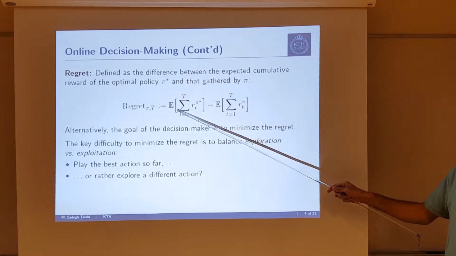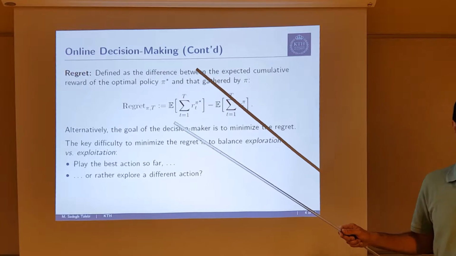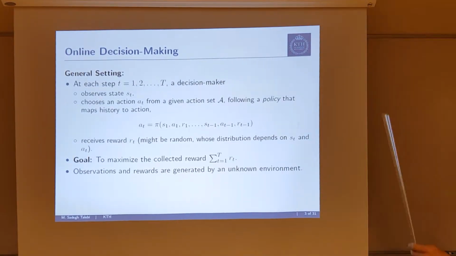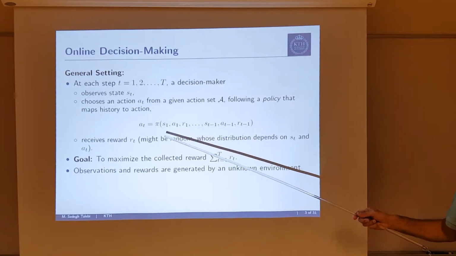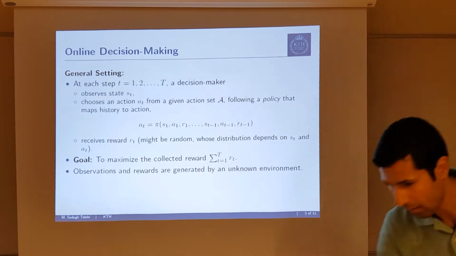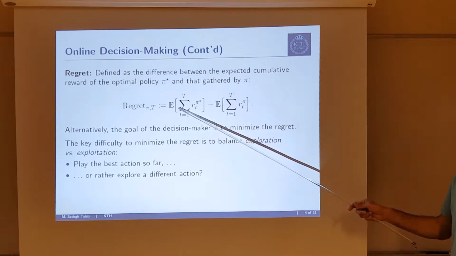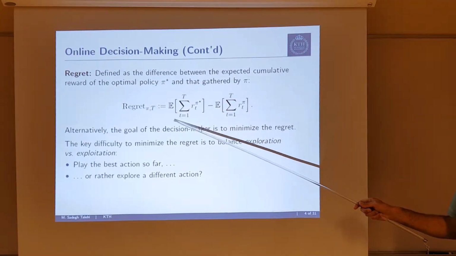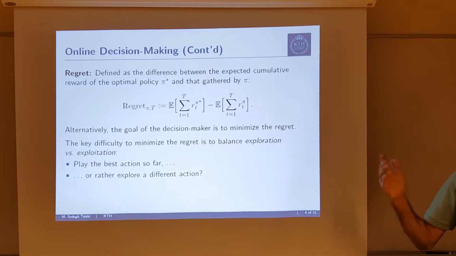There is also randomization in the algorithm, because this function pi I showed here could employ some randomization, so there is a random seed. And the expected value is also with respect to the initial state and the state transitions, with respect to everything.